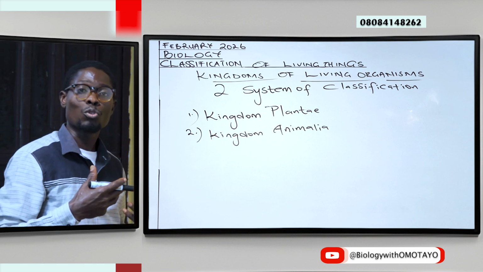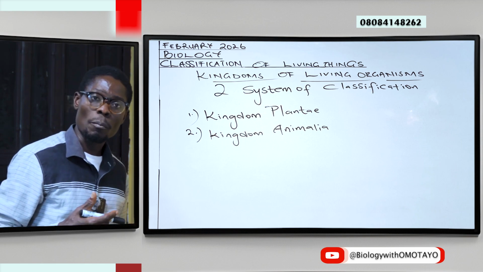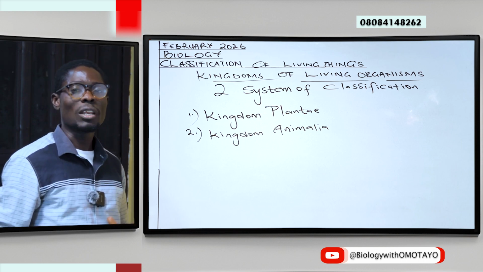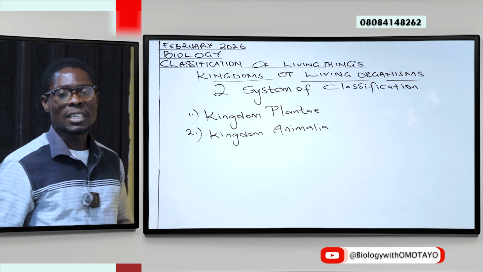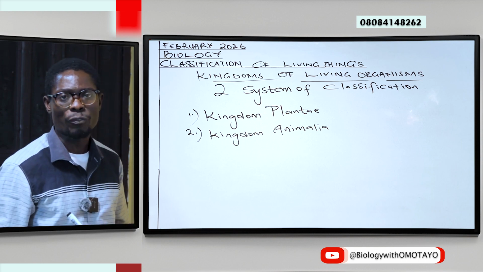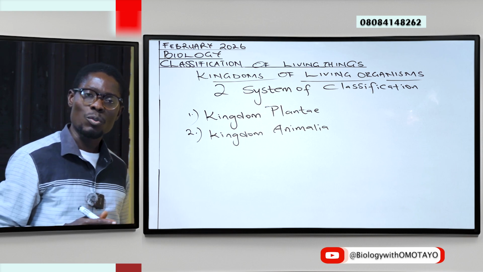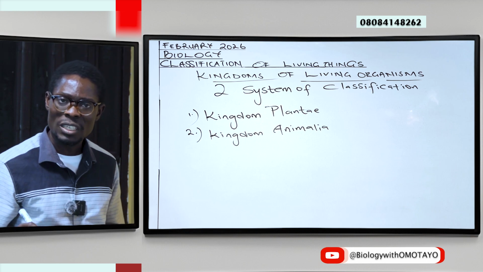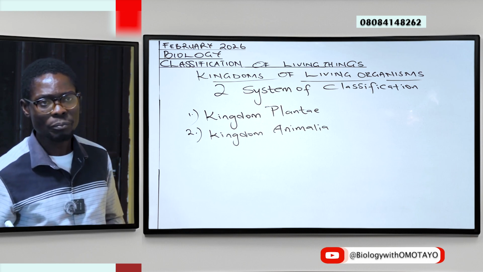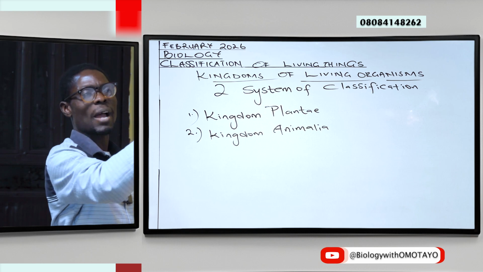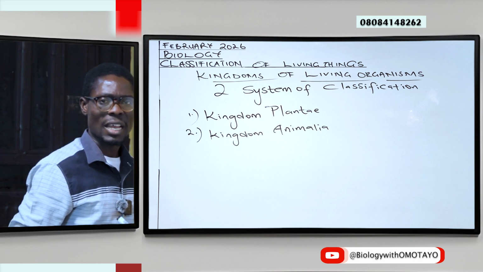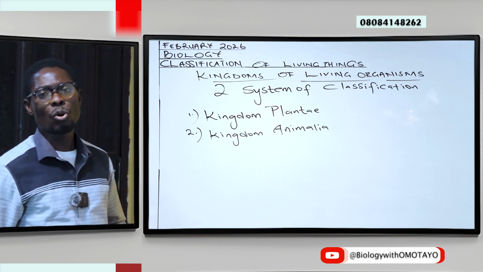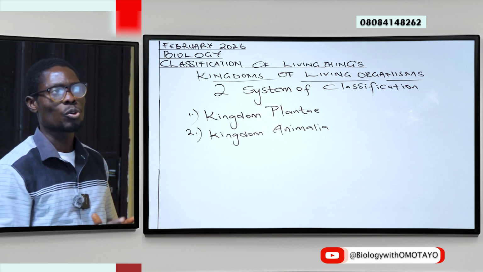When you are writing the group an organism belongs to, the phylum, when you are writing the order, and so on, you use the capital letter. The only time we do otherwise is when writing the binomial nomenclature for an organism, where the first name, which is the generic name, starts with a capital. The second name, which is the specific name, starts with a small letter. So, as you can see, I have written my kingdom with a capital P starting my Plantae and a capital A starting my Animalia. So, Linnaeus grouped all living organisms into these two groups.